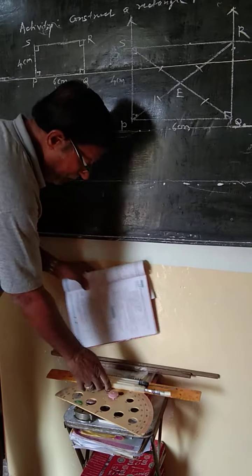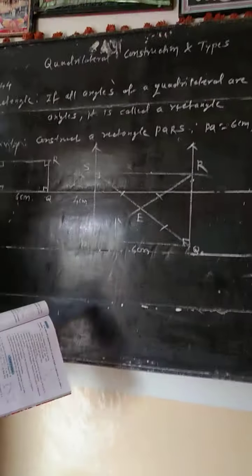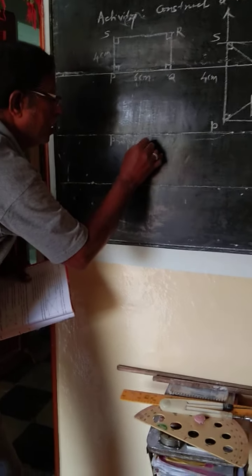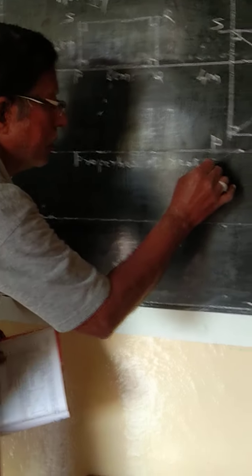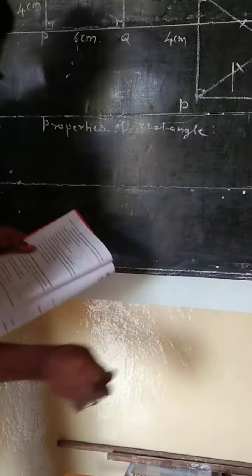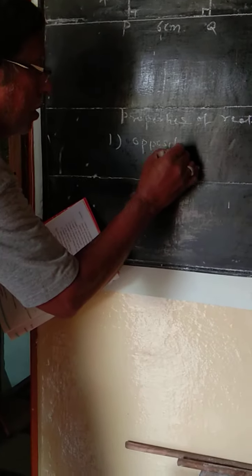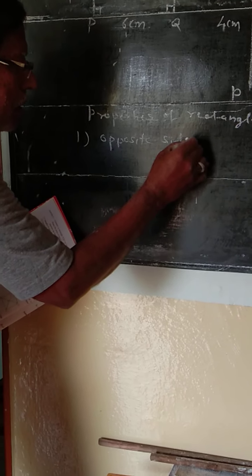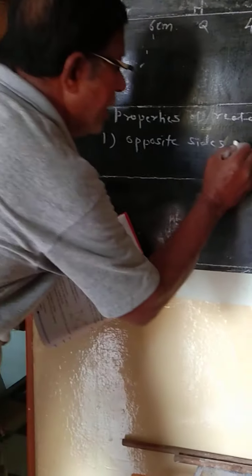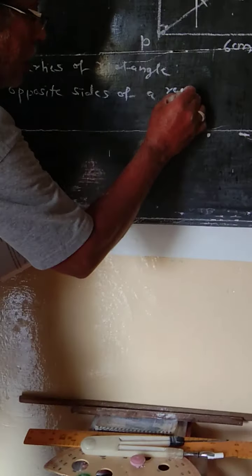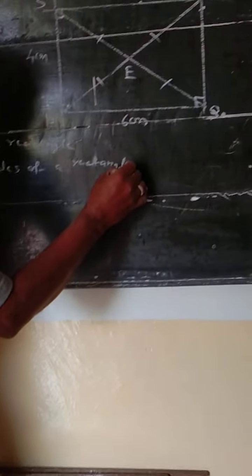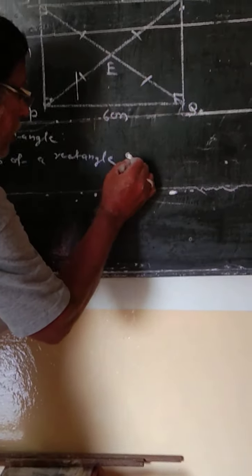Means the properties of a rectangle are: first, opposite sides of a rectangle are congruent.